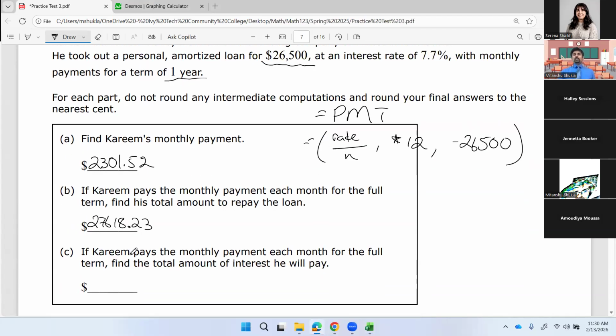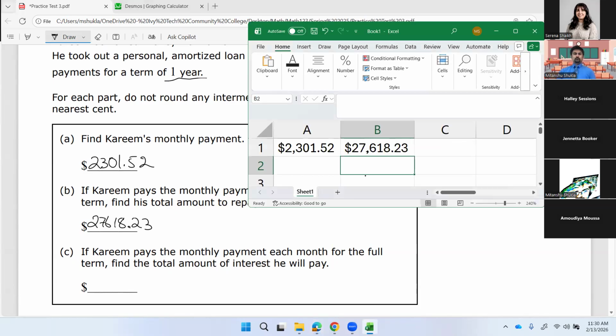Then they want to know, what is the interest that was paid? Well, I borrowed 26,500, but I ended up paying 27,618. So what's my interest? My interest will be whatever I paid in total minus however much I borrowed, which was 26,500.